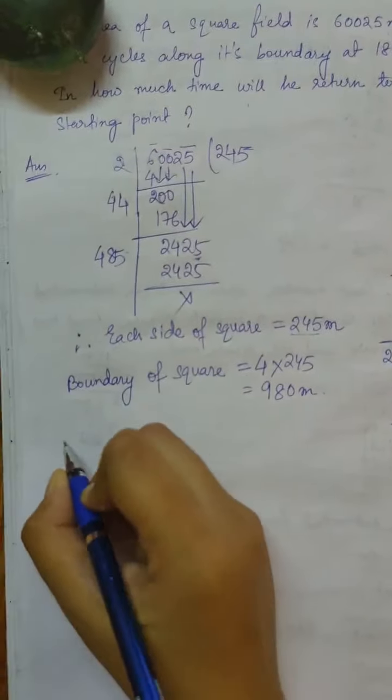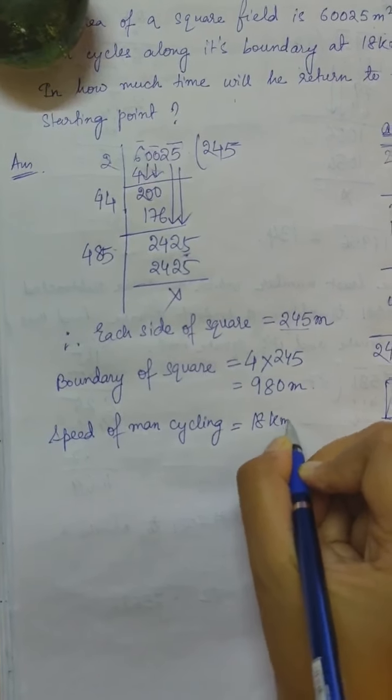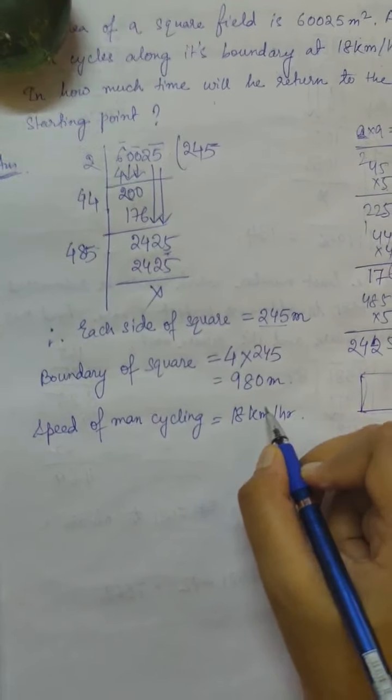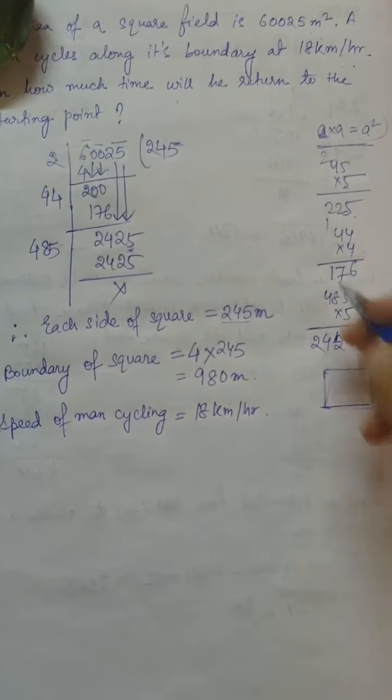Now the speed of the man cycling is 18 km per hour. Remember, here we have meter and here we have kilometer. So we must convert this into a single unit. Consider this at the rough side.